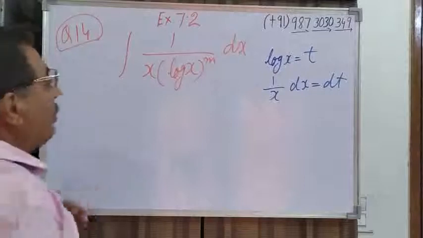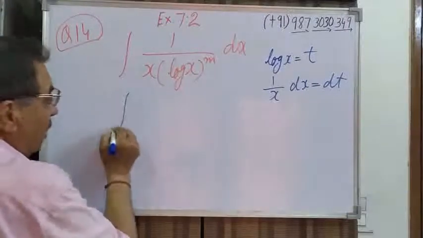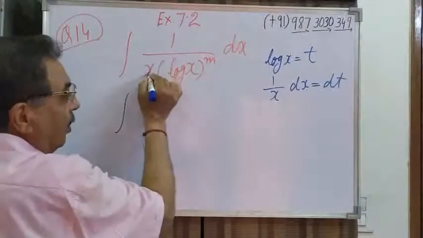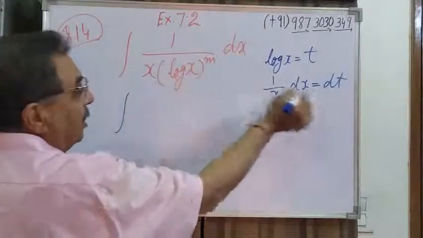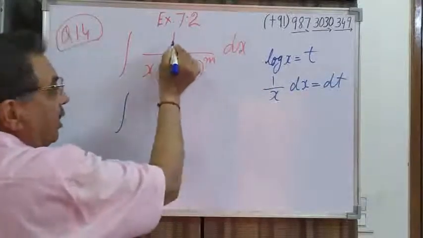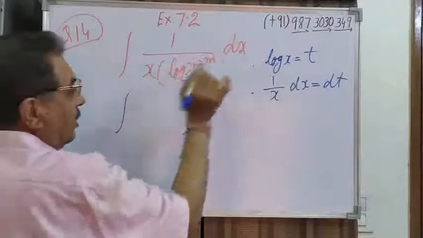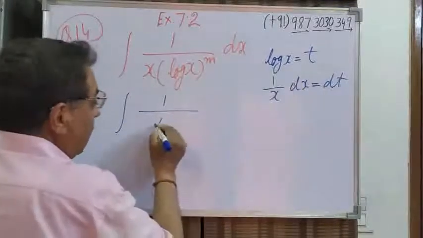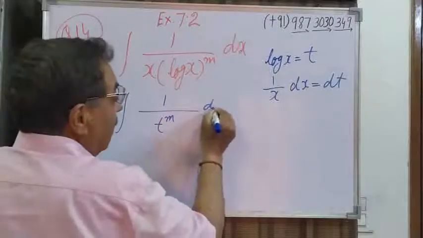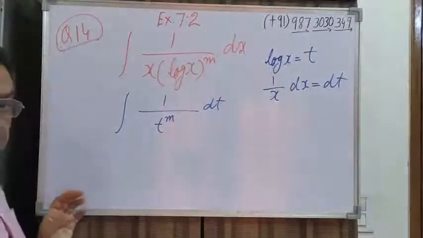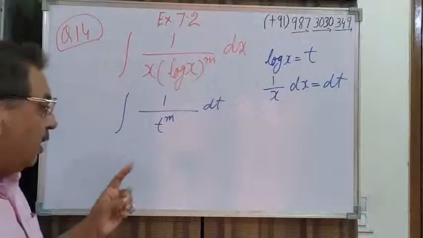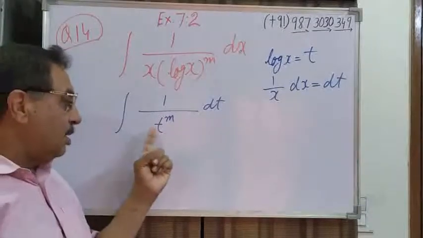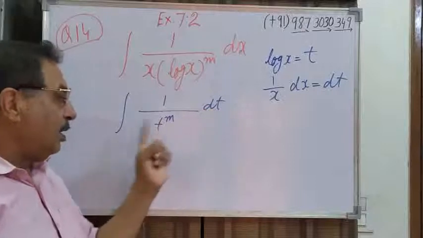Now the whole question reduces to this: 1 upon x dx is dt, these three terms. Then log x is equal to t, so it becomes t to the power m with respect to dt.